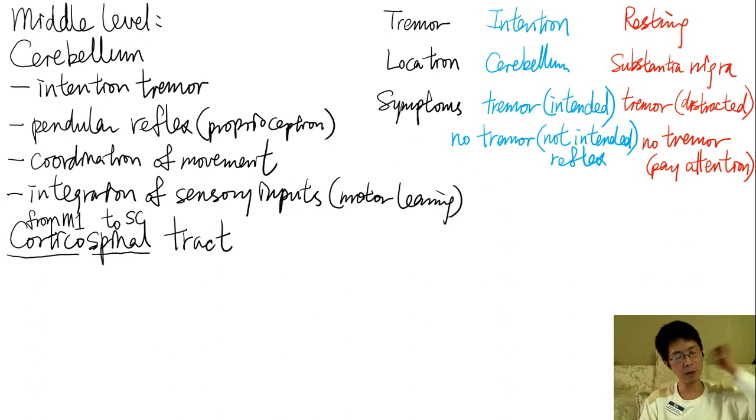That means this is your top-down motor control. This cortical spinal tract carries your top-down motor command from your brain to your peripheral nervous system. It has a different name, AKA pyramidal tract.